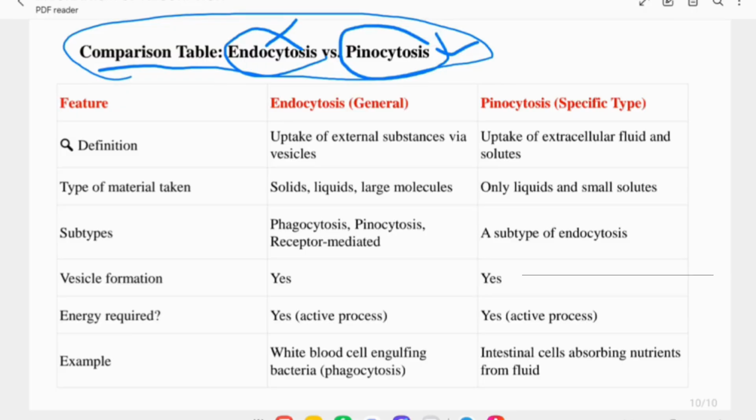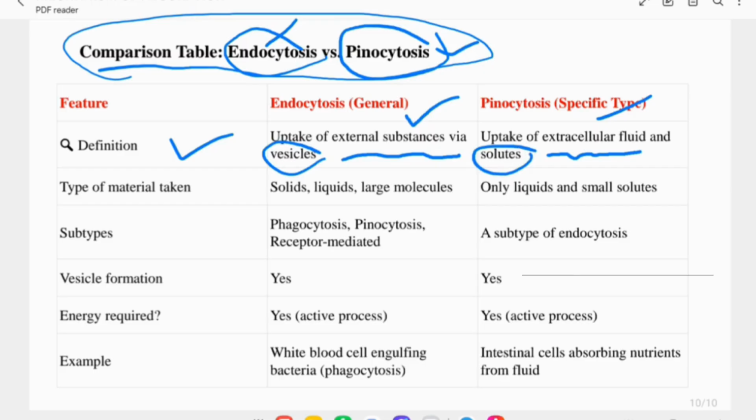When we see the definition, in endocytosis it is uptake of external substances by formation of vesicles. Here it is uptake of extracellular fluid and solutes. Then the type of material taken: here only solids, rarely liquids, larger molecules. Here only liquids, but the dissolved solutes which are present in the liquid form.